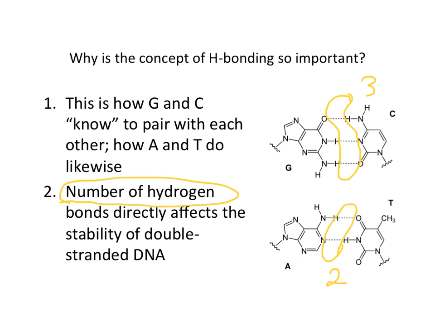Wow, there was a lot of G's and C's there. I'm impressed. There are more hydrogen bonds. So what does that do to the DNA if there are more hydrogen bonds between the two strands? It's more stable. It's harder to break all of those bonds that are holding the two strands together.